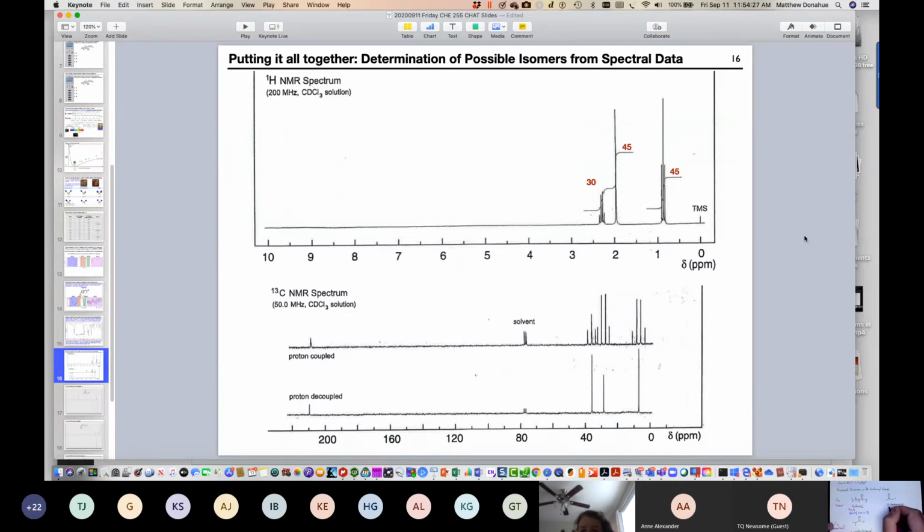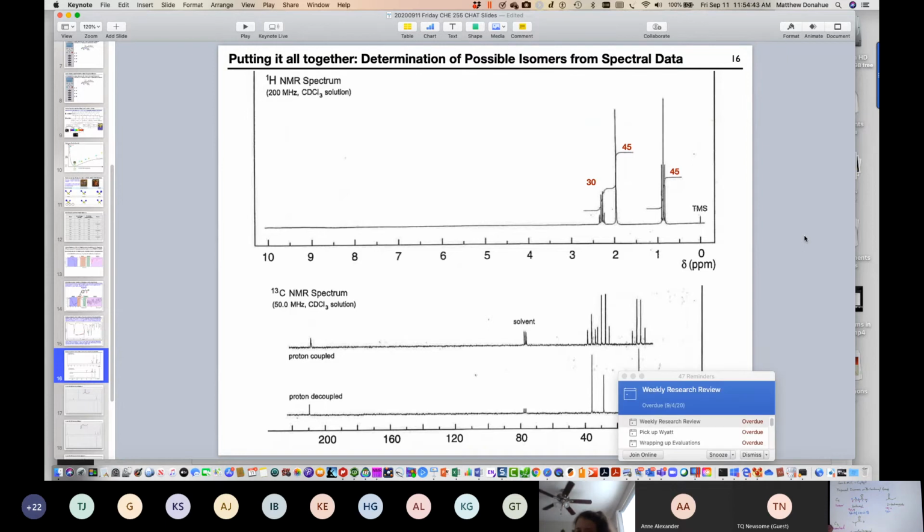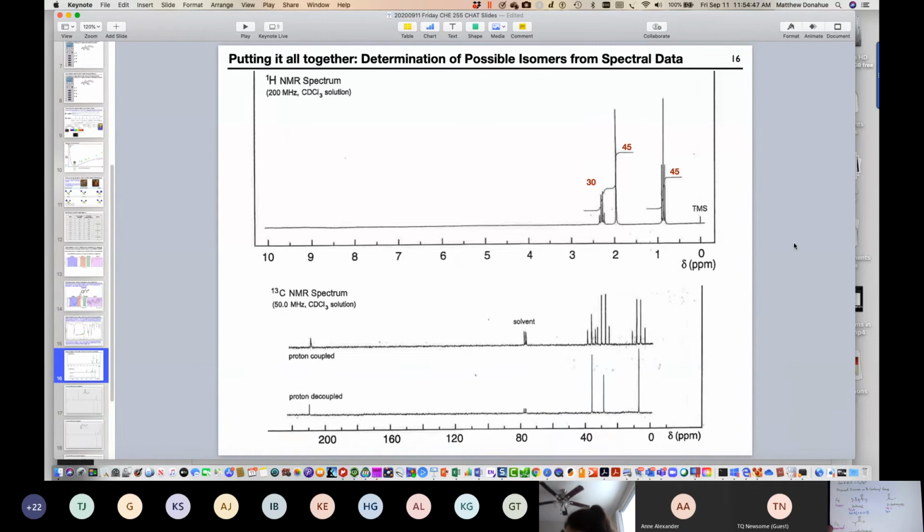Let's do the same for 2-butanone. How many unique carbon atoms do you see? How many unique sets of hydrogen atoms are in 2-butanone?